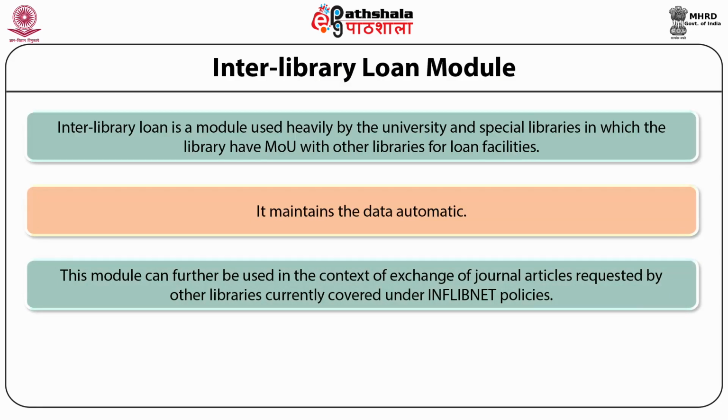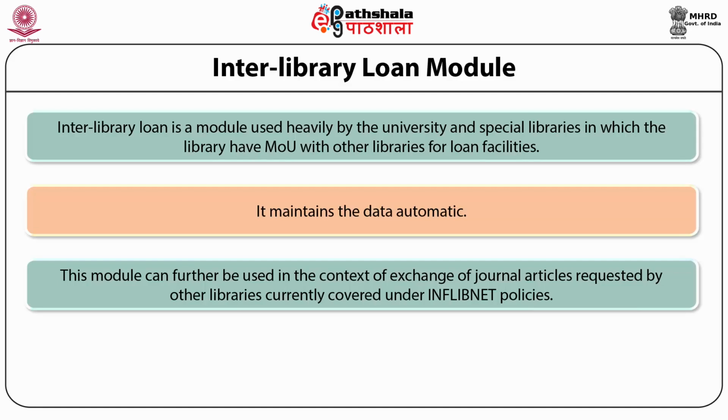Once this interlibrary loan module was used for books, but now this module is extended to accommodate the services of journal articles also, because research means more dependence on journal articles than books. So if a journal is not subscribed in a particular library, in a country, say in India, we have these facilities. This facility is supported by INFLIBNET policies.